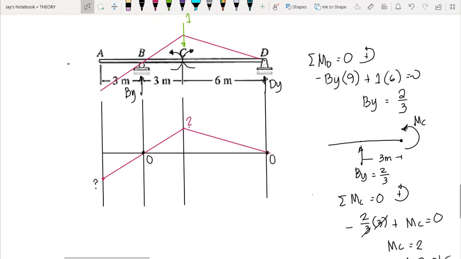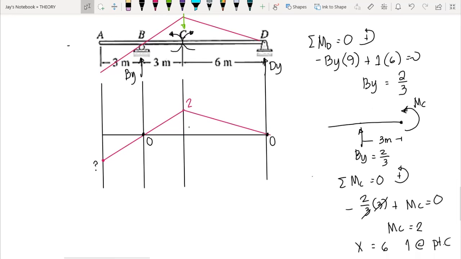Now, by ratio and proportion, we can also calculate the ordinate at point A. Since this one is 3 and this is 3 as well, we have the relationship 2:3 equals, let's say this is our y, y is to 3. That means our y is also equal to 2. So the ordinate at this point is 2 as well. So this would be the influence diagram of the moment at C.